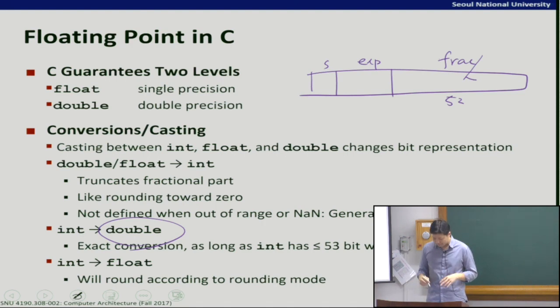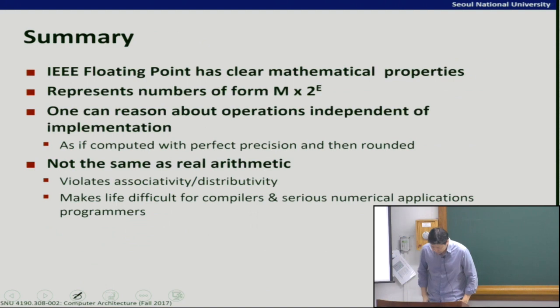But if you have more than 53 bits of valid digits, then you start losing some of the number, even though this one is an integer. Okay. Float will round according to the rounding mode, and this is the summary. Any questions about the floating point?